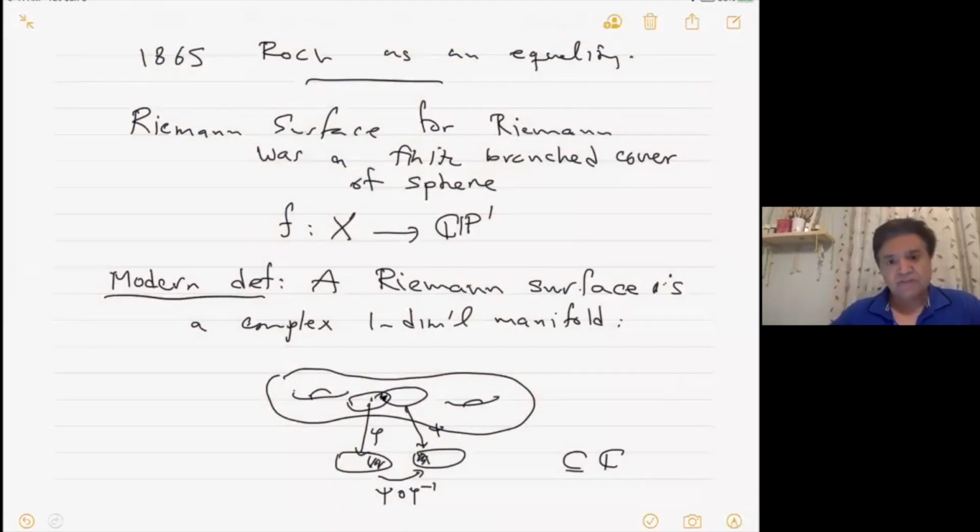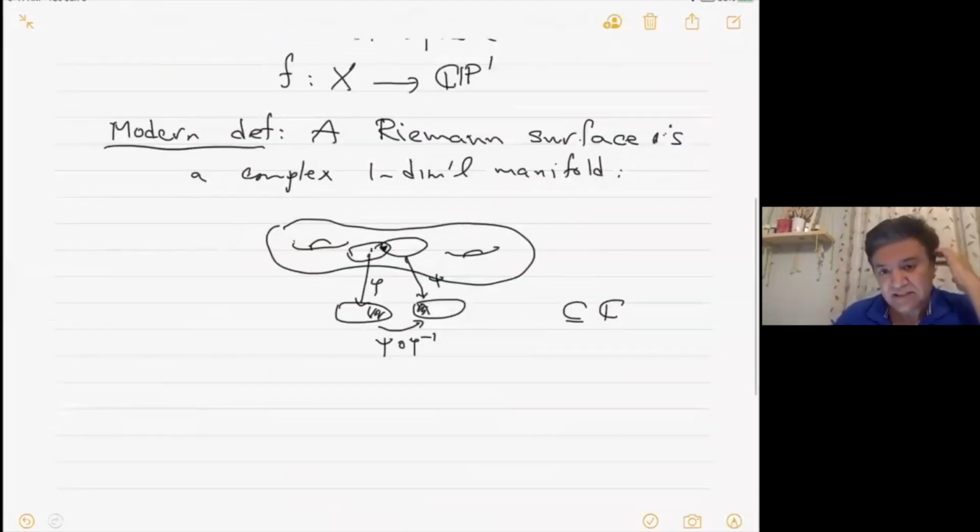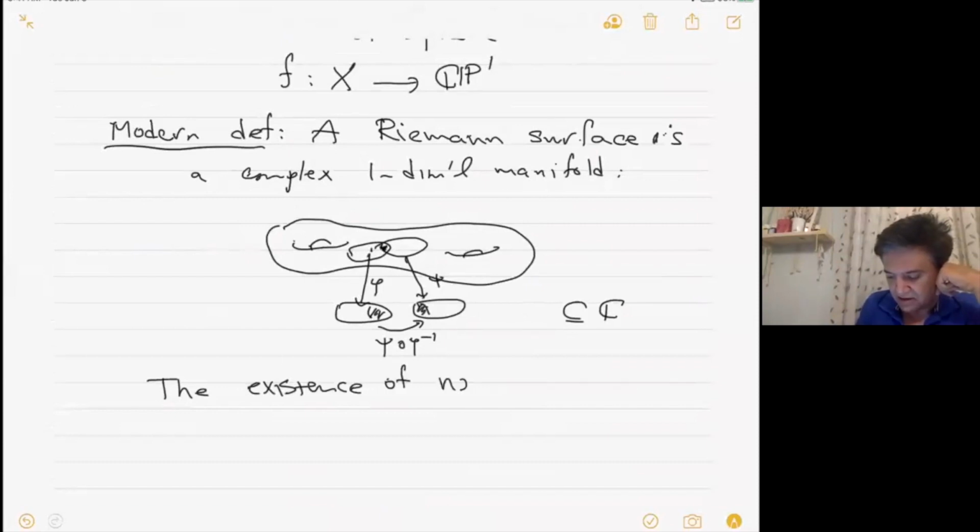Now, if you define a Riemann surface this way, a very non-trivial theorem is that there exists a meromorphic function on this surface that is non-constant. So the existence of non-constant meromorphic functions on X is non-trivial.